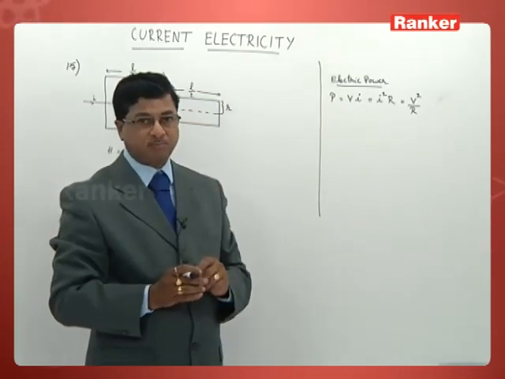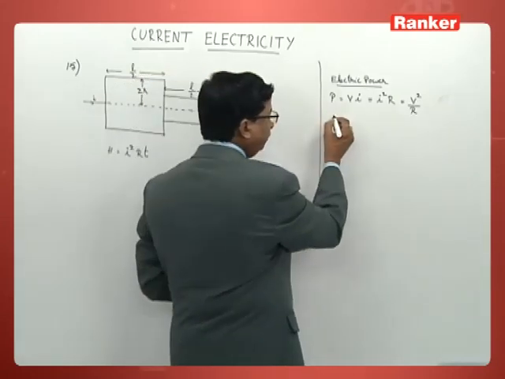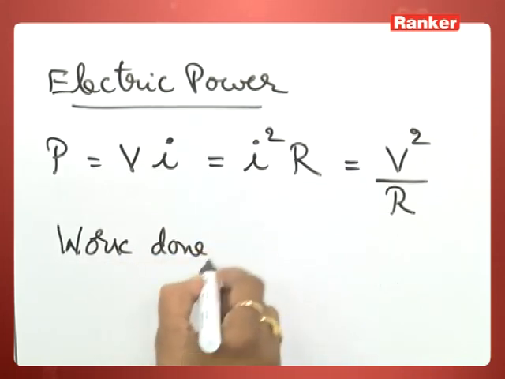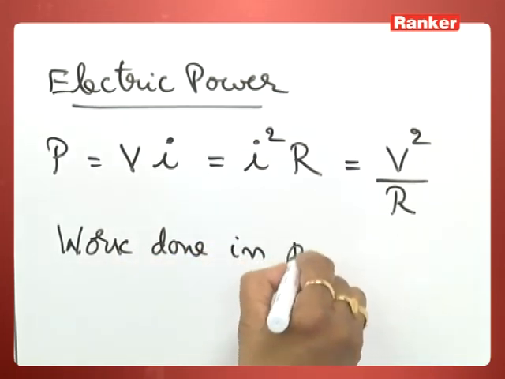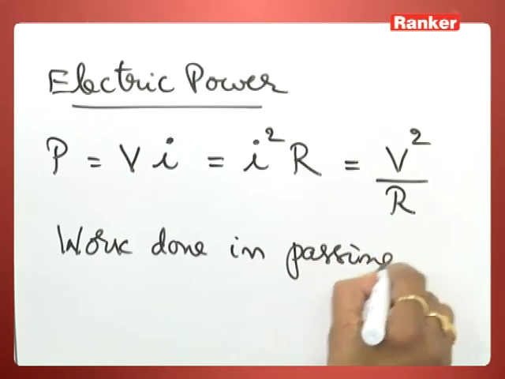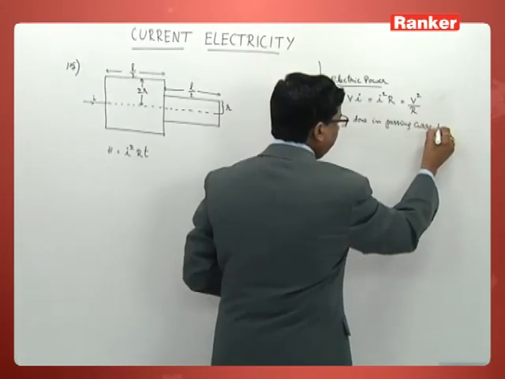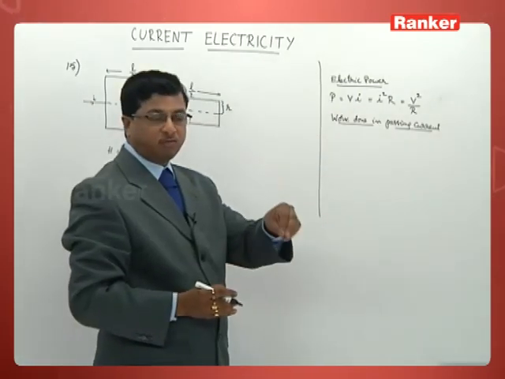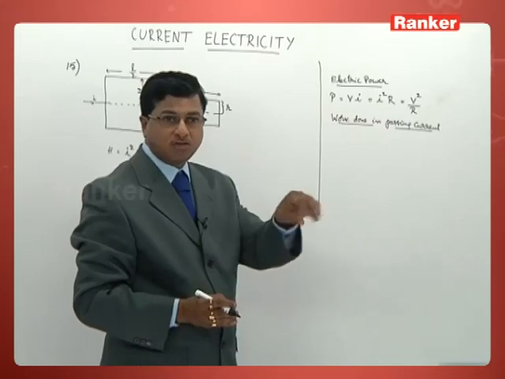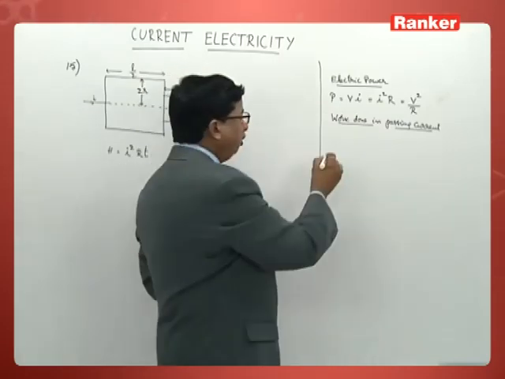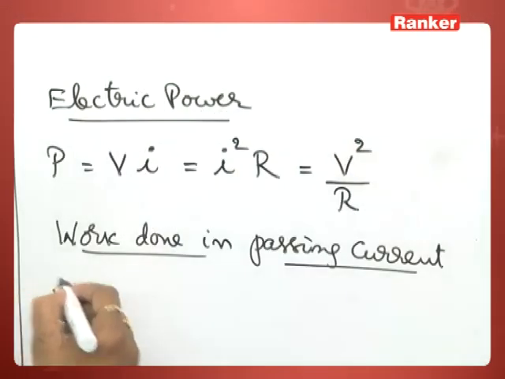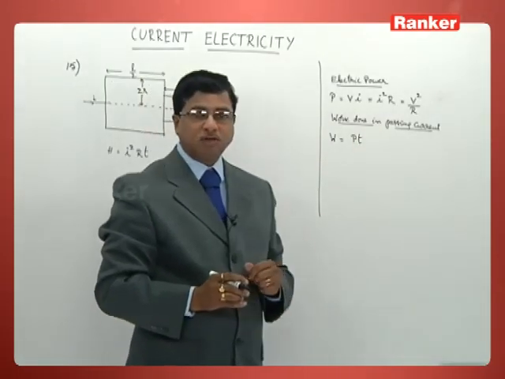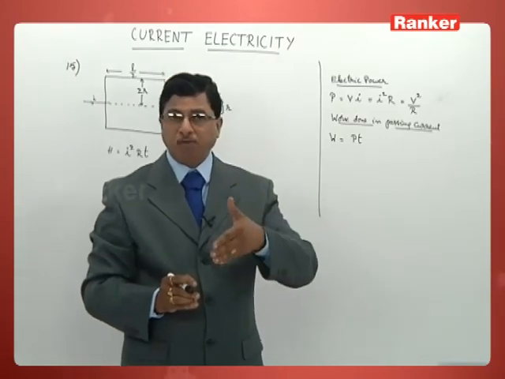Suppose I want to know the amount of work done in passing current. What is the work that has been done by the charges which are flowing across? Every one of you knows W can be written as power into time, because power is rate of doing work.